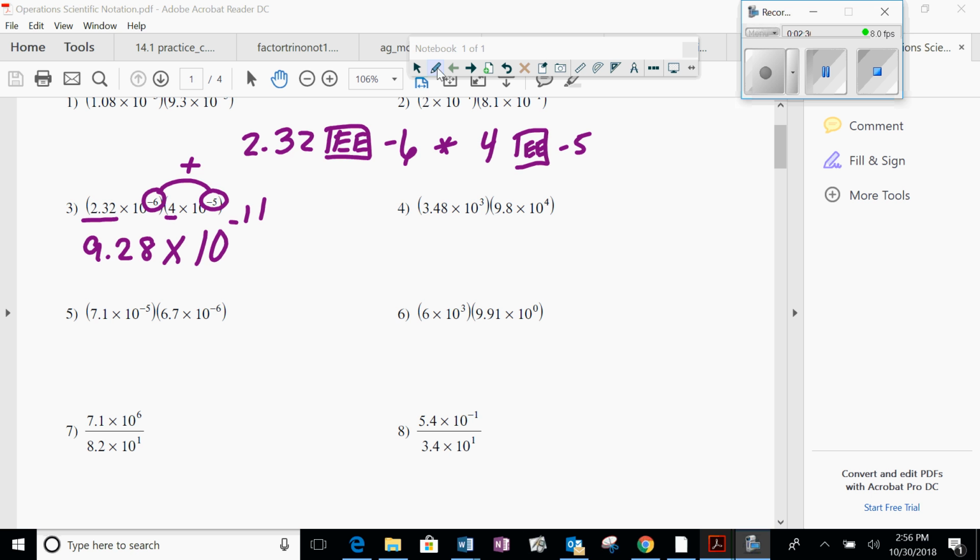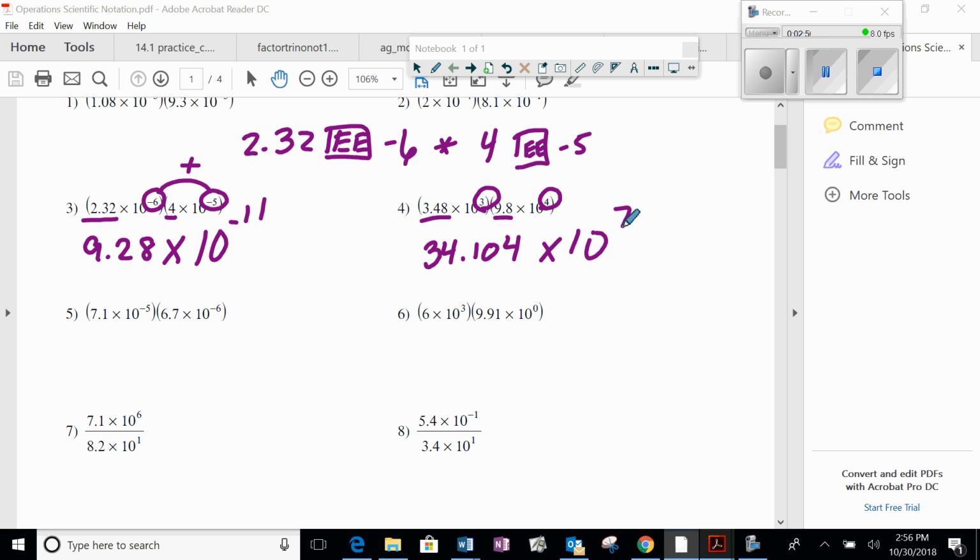All right, for number 4, we're going to multiply 3.48 times 9.8. What do we get? 34.104. And then we add the 3 plus the 4, and we get times 10 to the 7th power.